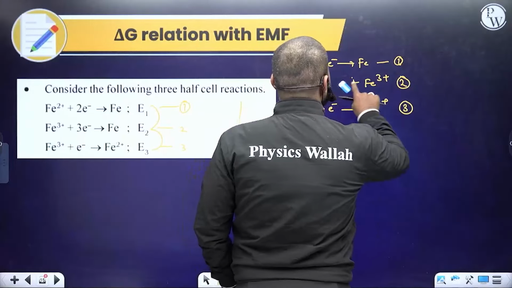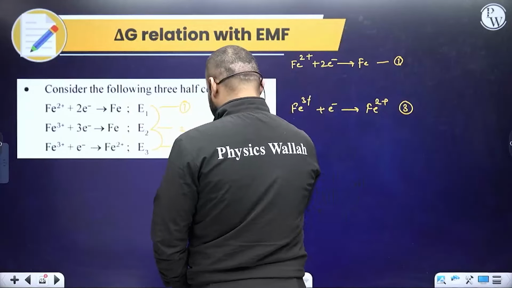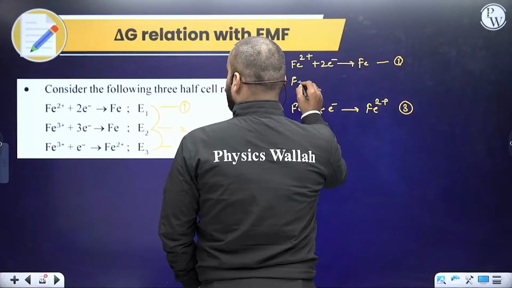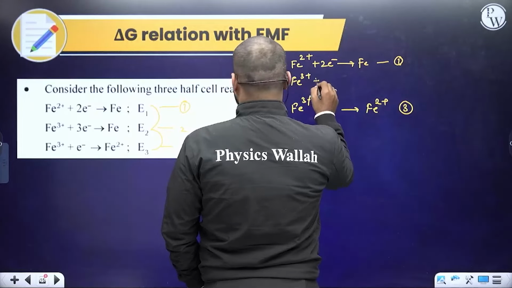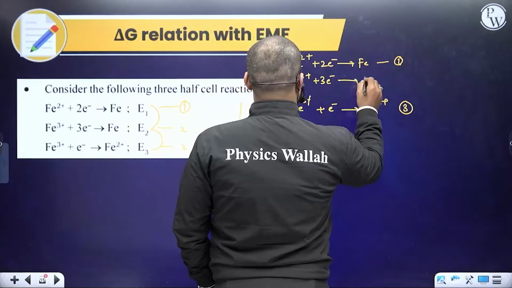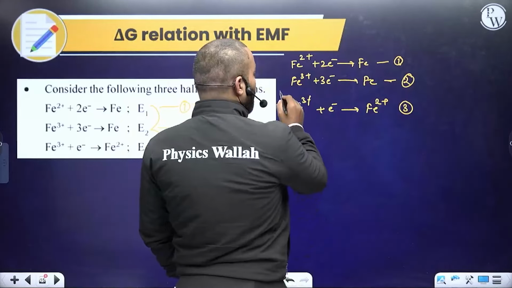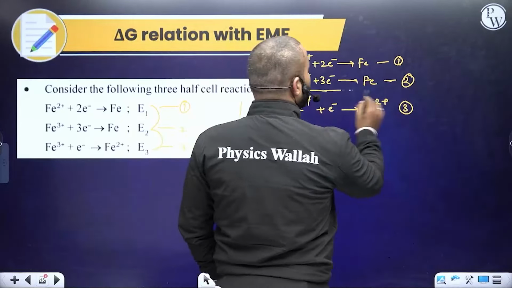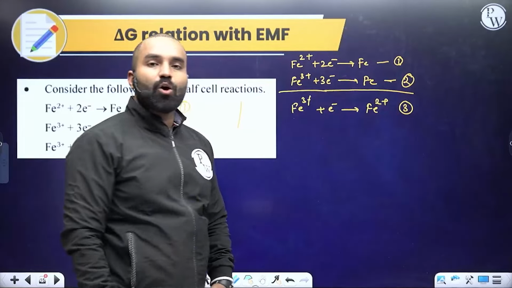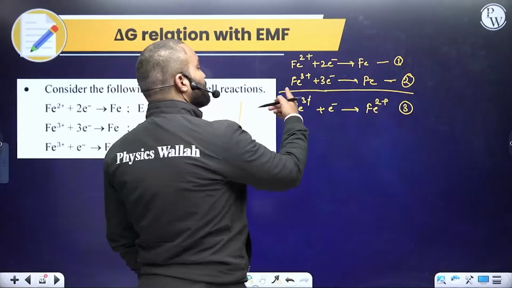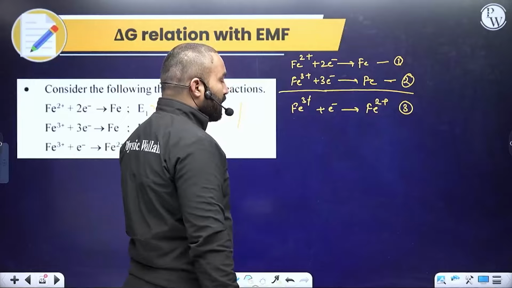Let me rewrite this. This is my Fe3 plus taking up 3 electrons becoming Fe, and that is equation number 2. From these two, I want you to develop equation number 3. What mathematical operation will you apply on equation number 2 and 1 to get 3?